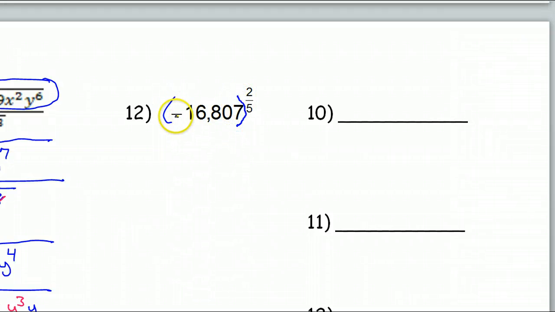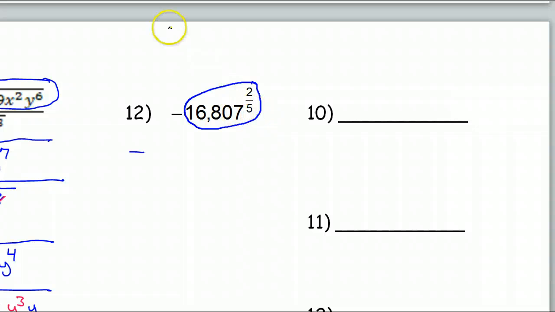If the negative sign was inside of parentheses, then this 2/5 power would include the negative sign, and when we rewrite this in radical form, the negative sign would be in there and it would be involved inside the problem. But because there are no parentheses, that means this negative sign is going to just stay out front. When I do the 2/5 power, I'm only doing the 2/5 power to the 16,807, not the negative sign.